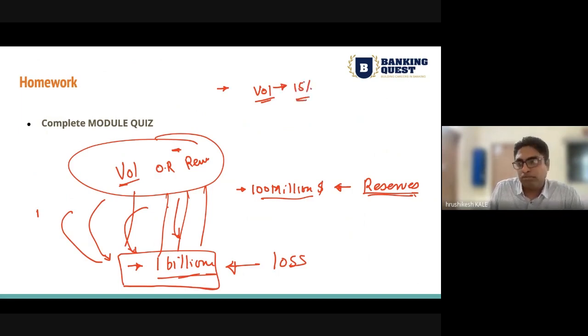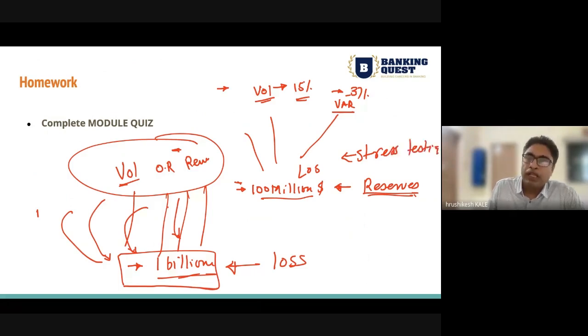In the last 10 years, my VAR was, let's say, 37%, so take the VAR value as 37%. And from all these things, calculate the loss. That came out to be 100 million. This is called stress testing.